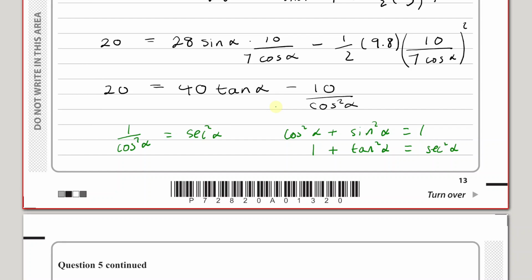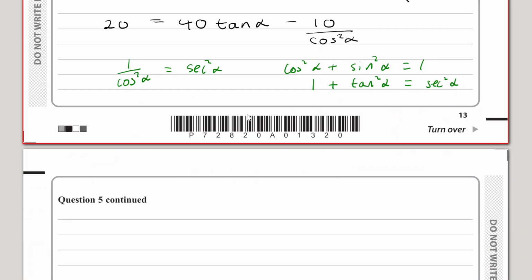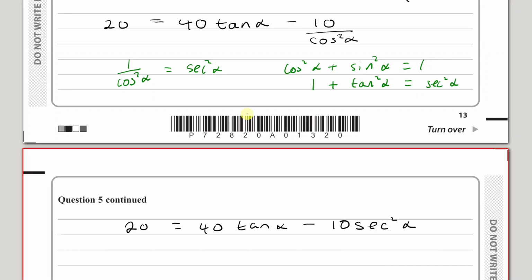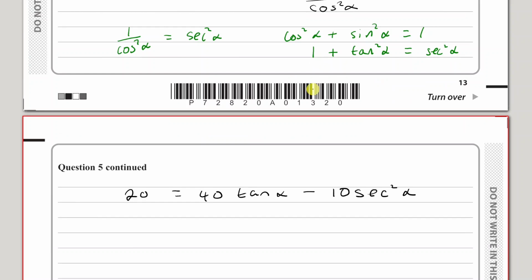So I can change 1 over cos squared alpha into 1 plus tan squared alpha. So I'm changing it into sec. I'm having 20 equals 40 tan alpha minus 10 sec squared alpha. And then changing sec squared alpha into 1 plus tan squared alpha. So 20 equals 40 tan alpha minus 10 times 1 plus tan squared alpha.